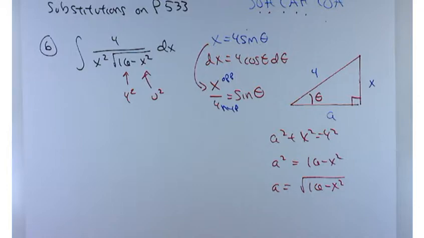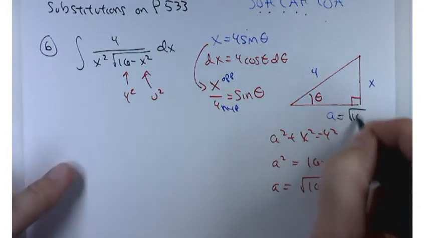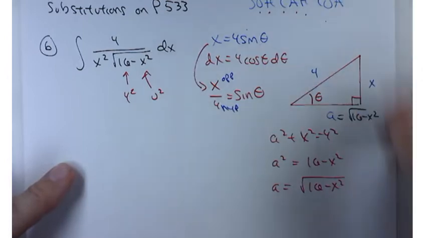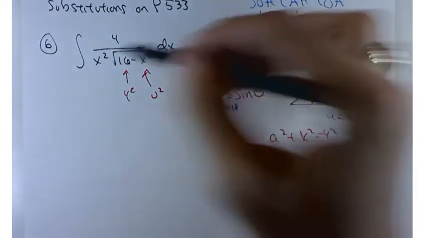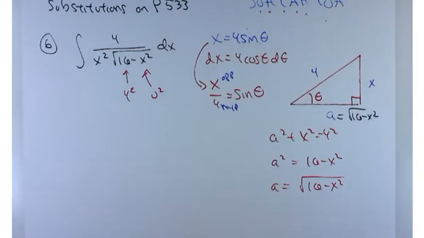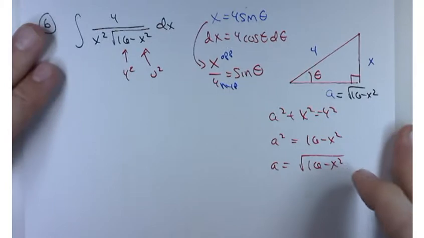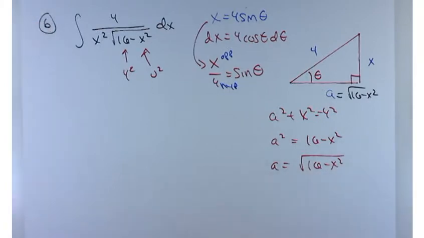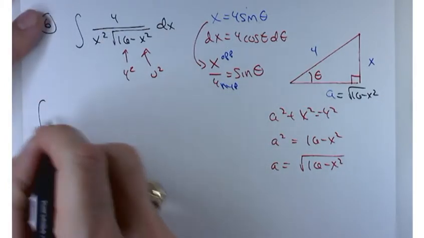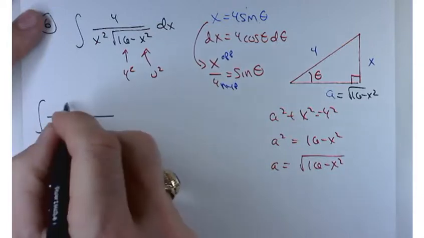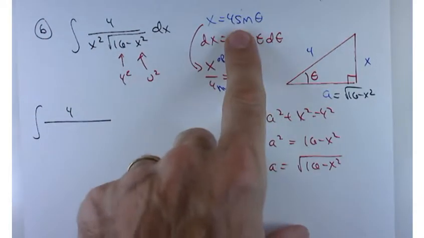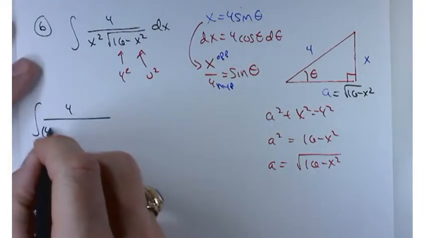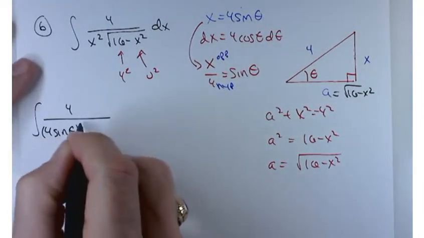So that's kind of reassuring. That's telling us that we picked the right substitution. We had 3 to choose from. We got the right one because this term matches that one. All right, so a lot of substitution and simplification comes next. x is 4 sine of theta, so that's going to be 4 sine of theta squared.